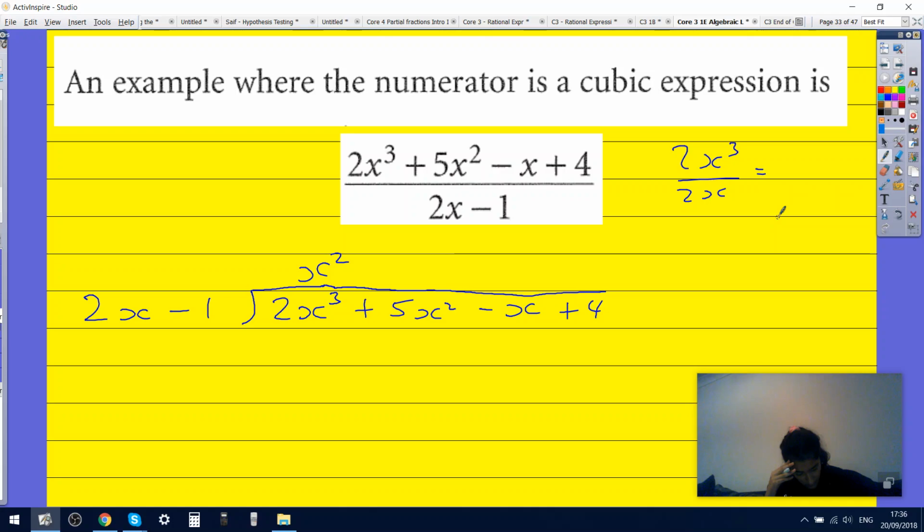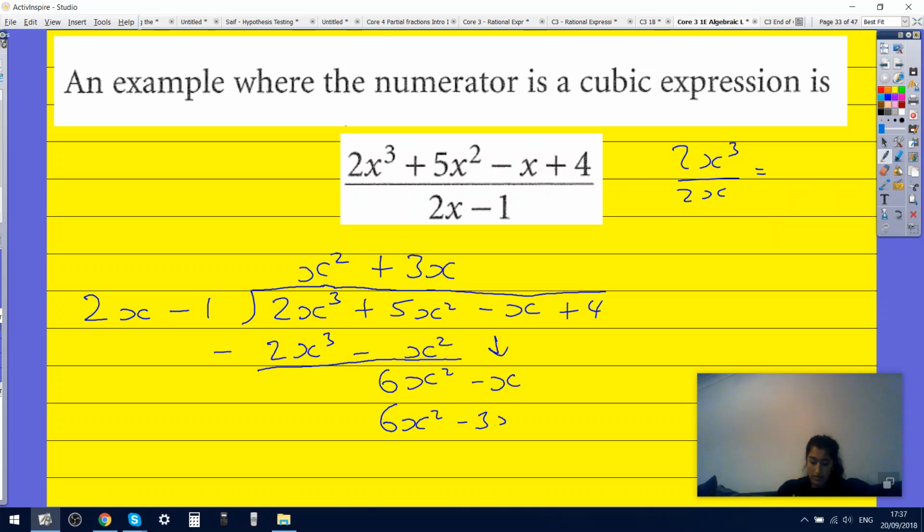Then 6x squared divided by 2x is 3x. Then 3x times 2x minus 1 equals 6x squared minus 3x, which leaves 4x.